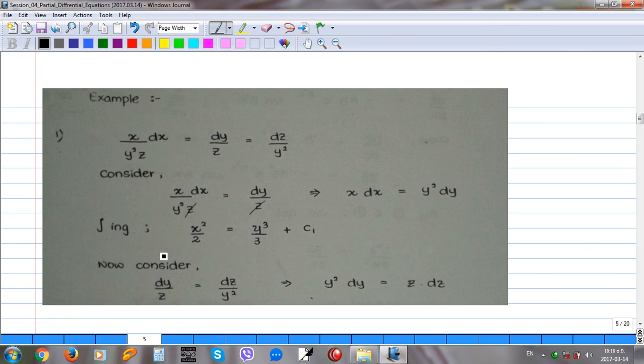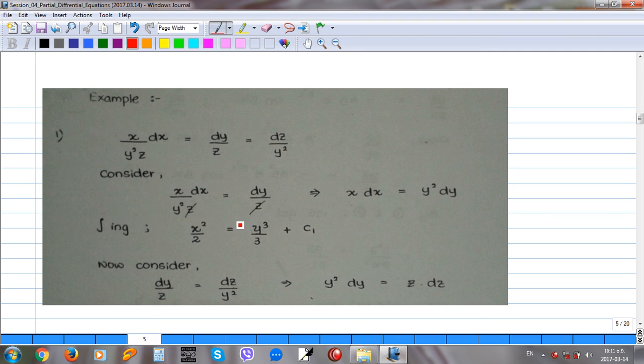So this is example 1: dx over (y square z) equals dy over z equals dz over y square. To solve this equation, you have to take the terms pairwise. First we consider these two: dx over (y square z) equals dy over z.